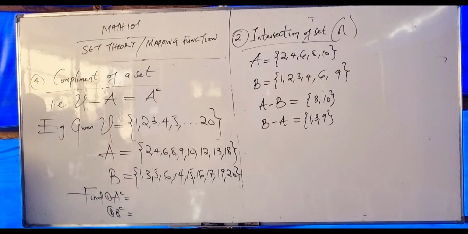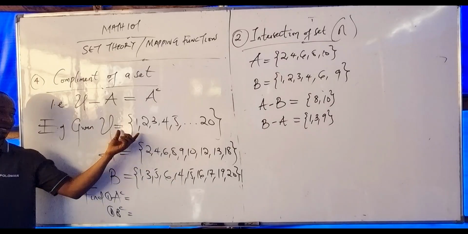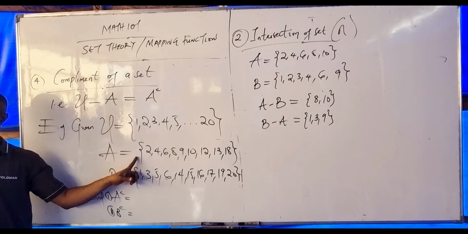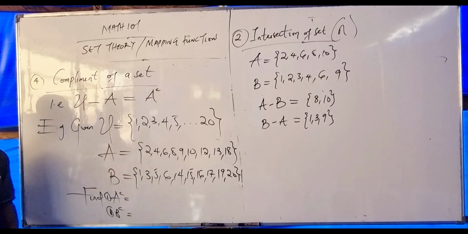What is A complement? Elements that are found in the general set, but not in A. What are they? Tell me.